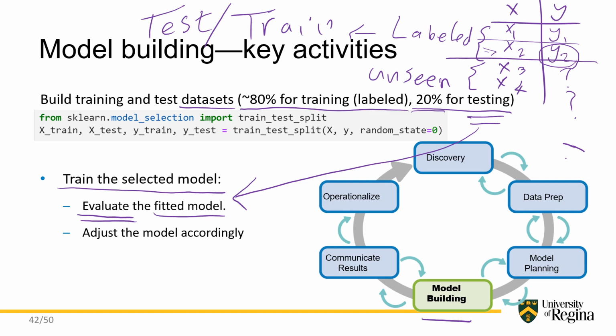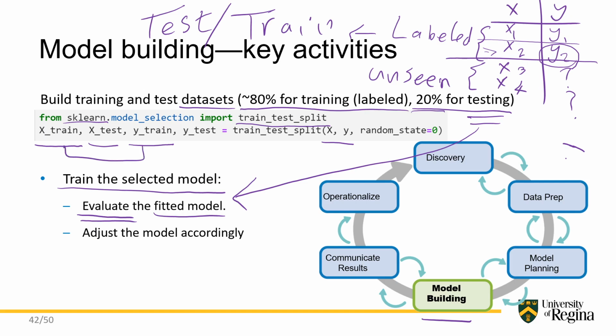So there's a library called scikit-learn that you could use, and it has a train test split, which can randomly create a training and test set for you: X train, X test. These are the inputs for training and testing, and this is the Y for training.